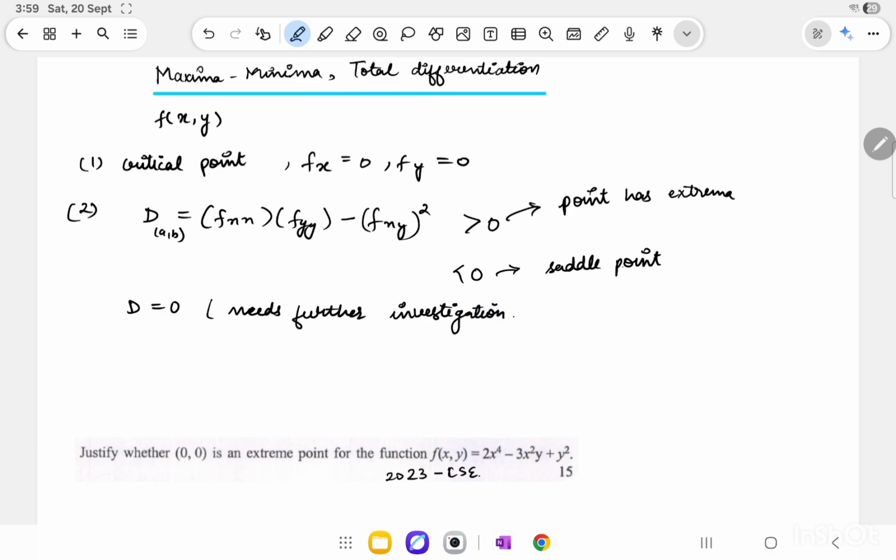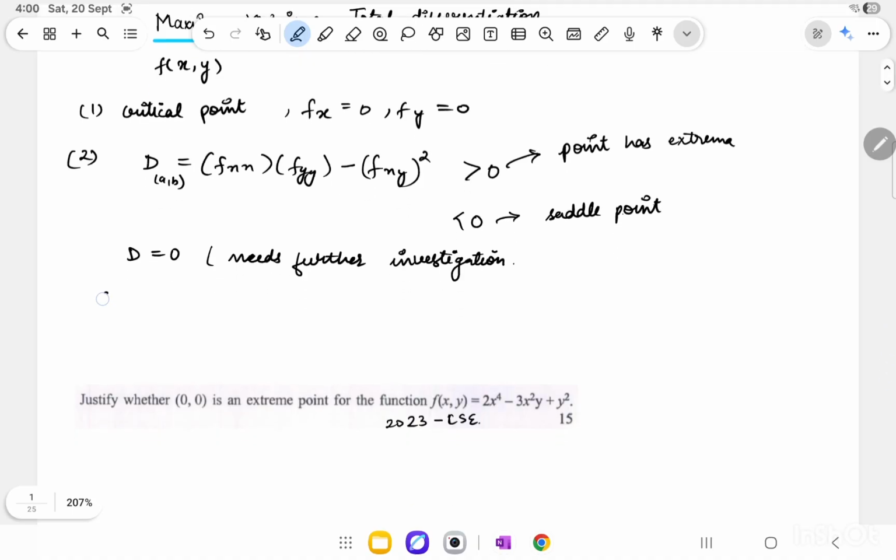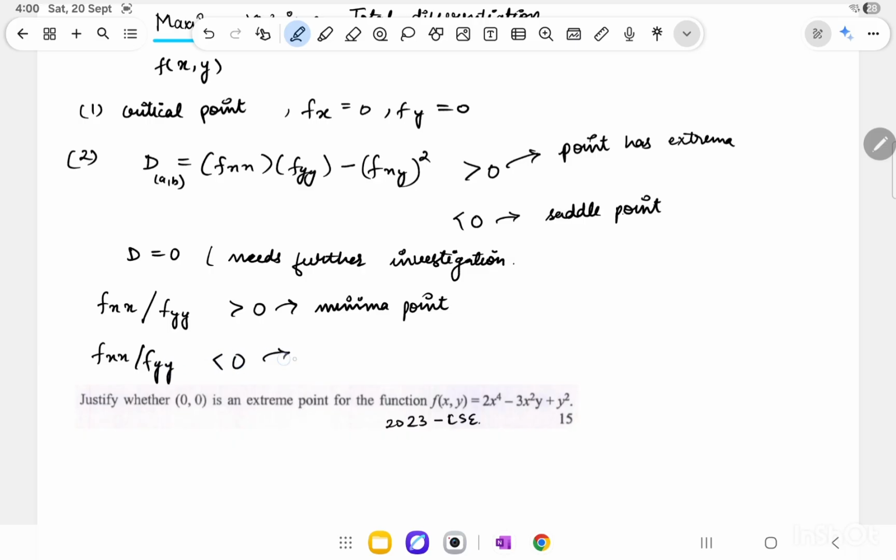Now to tell whether the extrema point is a maxima or minima, we can check the sign of either f_xx or f_yy. If it turns out to be greater than 0, then it is a minima point. And if it turns out to be less than 0, then it is a maxima point.